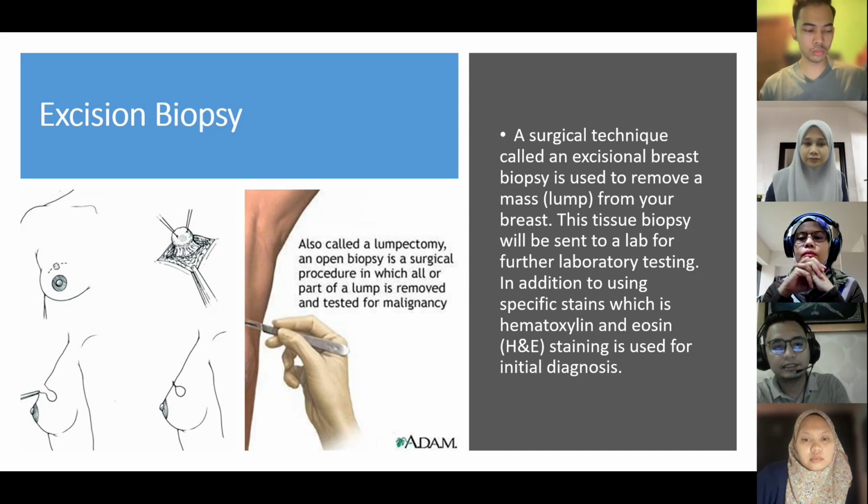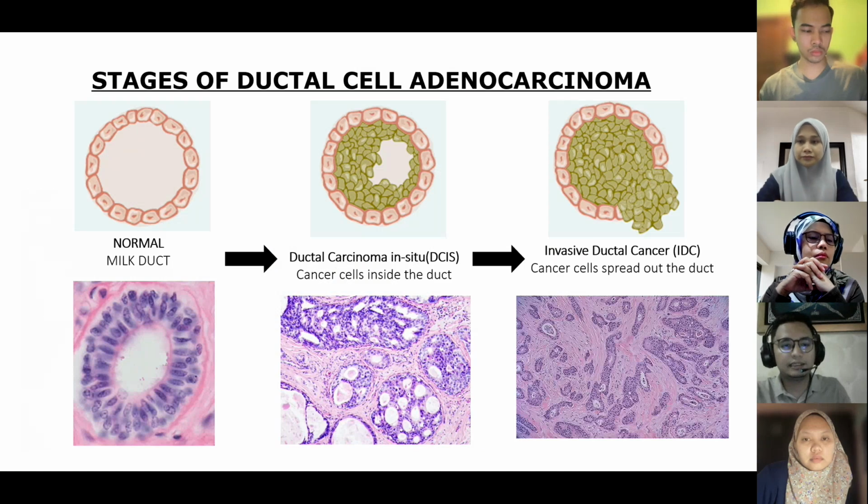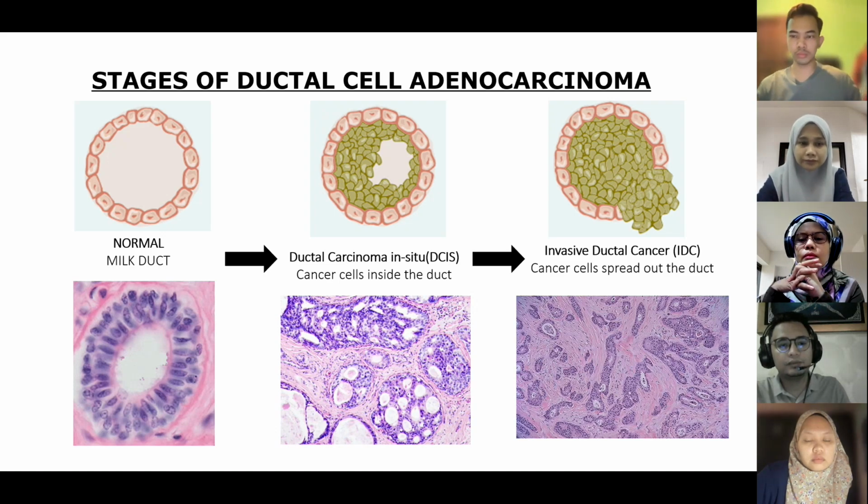Next one. This is the figure that we can look at under the microscope, which is a normal milk duct. Basically, the nucleus will be colored purple, and the cytoplasm will be pink.